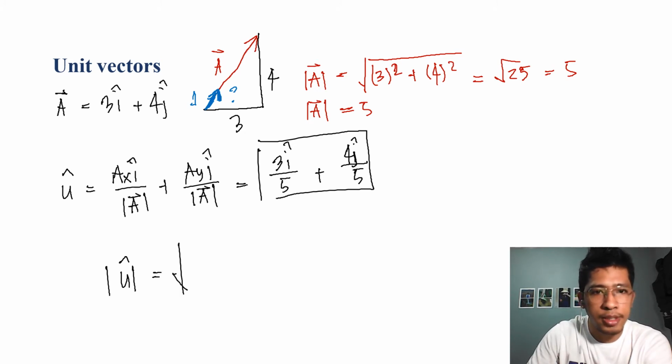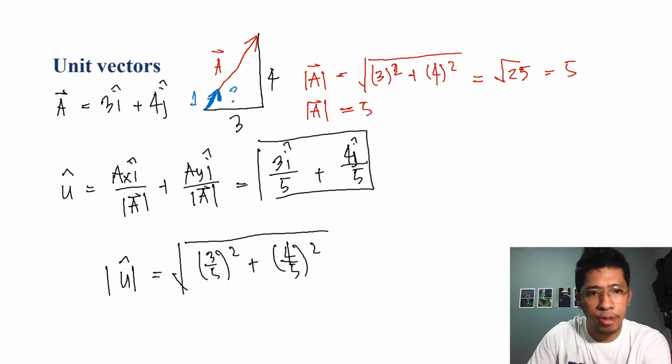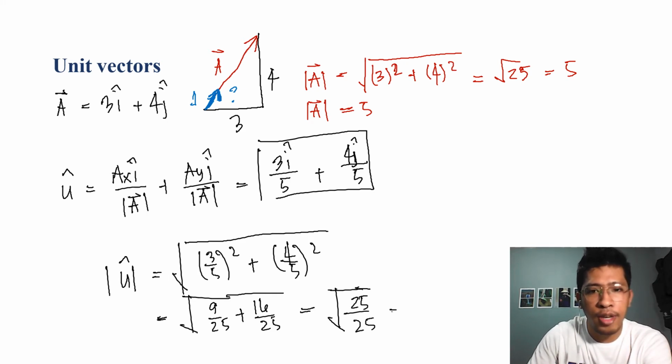This is just 3 over 5 squared plus 4 over 5 squared, and then we get the square root. So this is 9 over 25 plus 16 over 25. Okay, so 9 over 25 plus 16 over 25 is just 25 over 25, or you have the square root of 1, which is just 1.